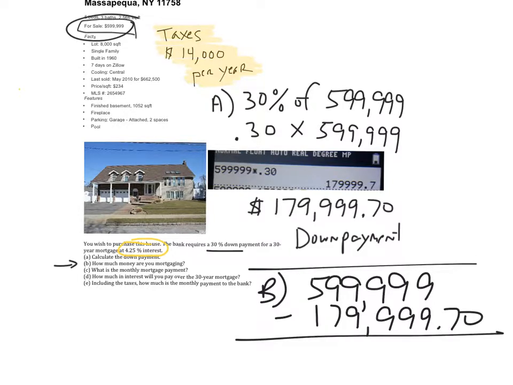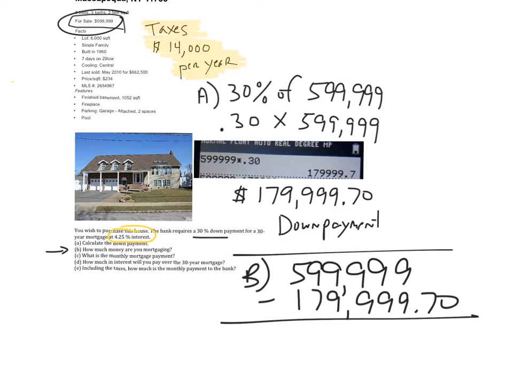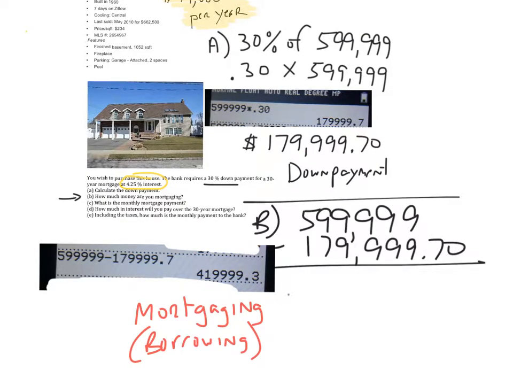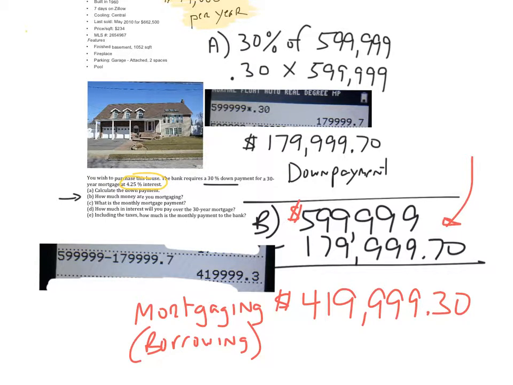So how much money we're mortgaging, how much money we're actually borrowing from the bank, is going to be this difference. So here we're mortgaging $419,999.30. So to buy this almost $600,000 house, we need to have a little under $180,000 for a down payment, and this is how much money we're actually borrowing from the bank.